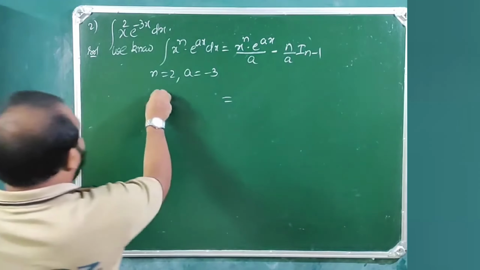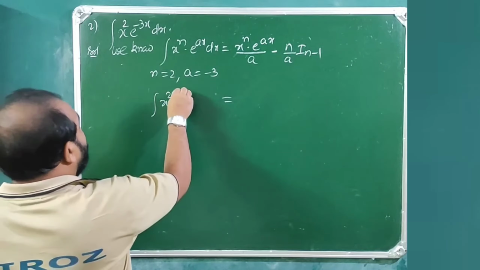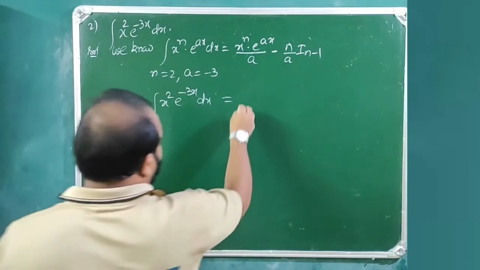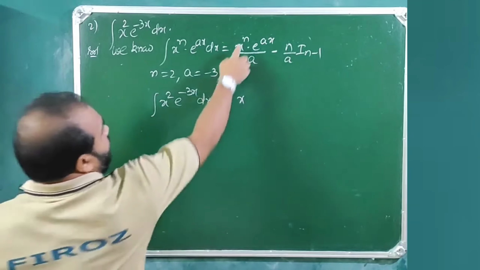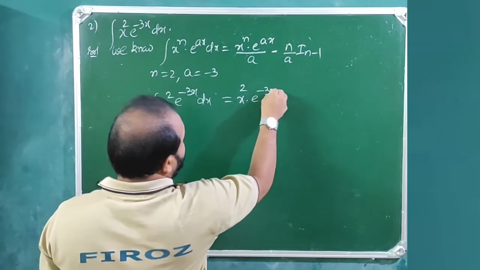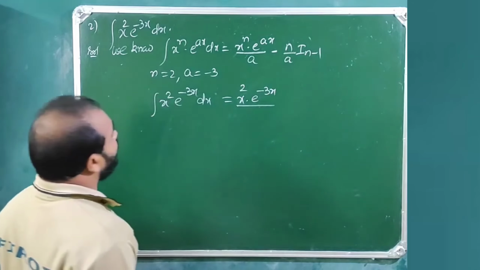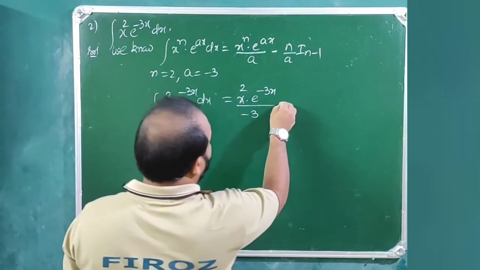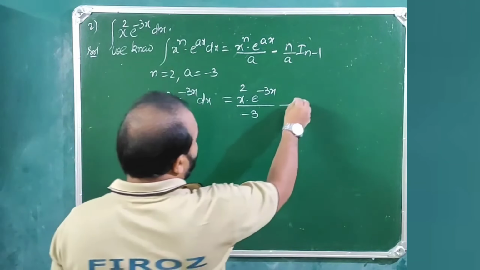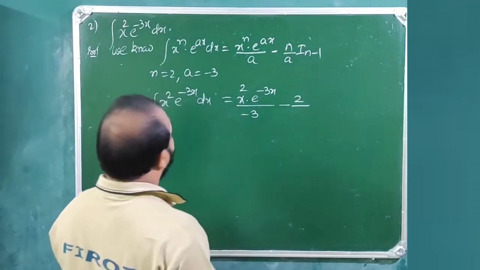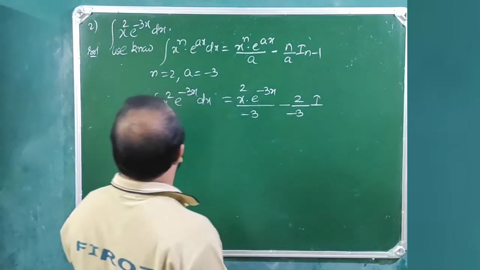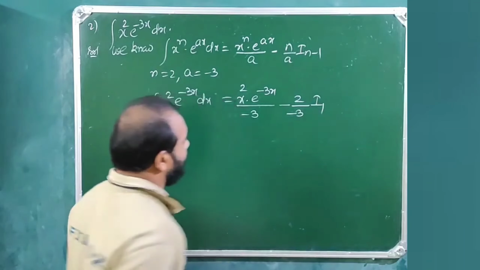So integral x square into e power minus 3x dx is equals to, so x power n value is 2 into e power minus 3x by the value of a is minus 3 minus n by a, n value is 2, a value is minus 3, I n minus 1, 2 minus 1, so 1.